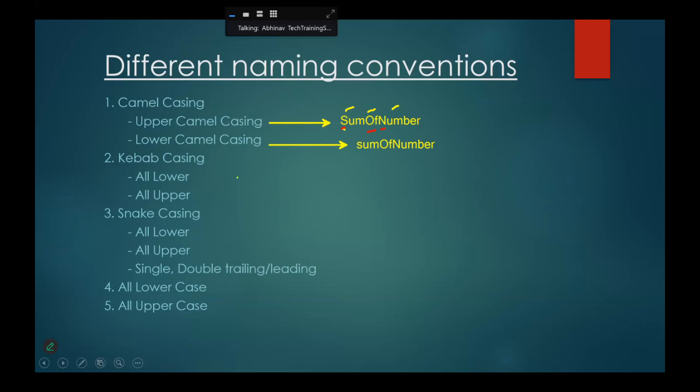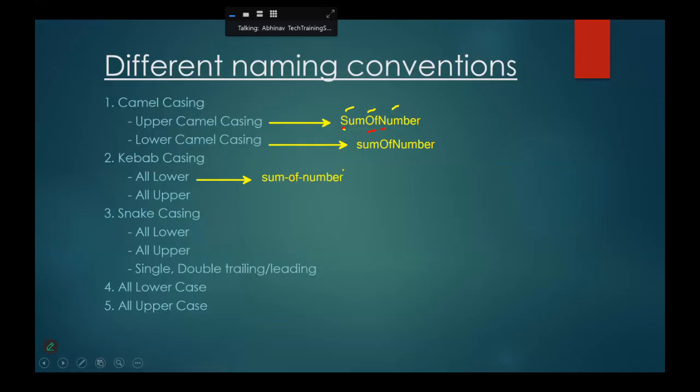Now talking about kebab casing. Kebab casing is also divided into all lower and all upper kebab casing. When we talk about all lower kebab casing, if I want to write sum of number, I will write sum, hyphen, of, hyphen, number: sum-of-number.